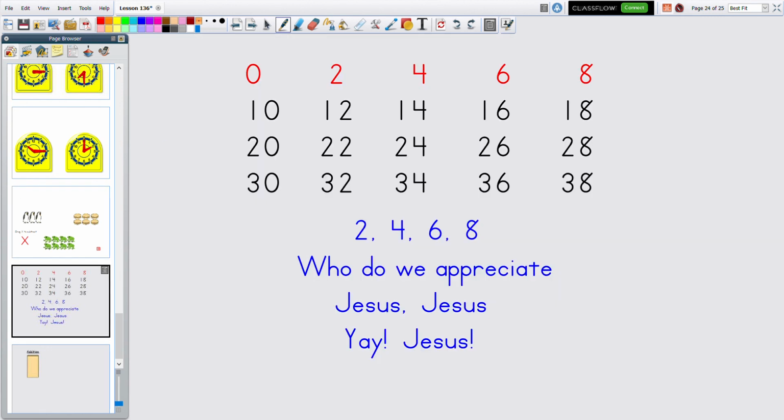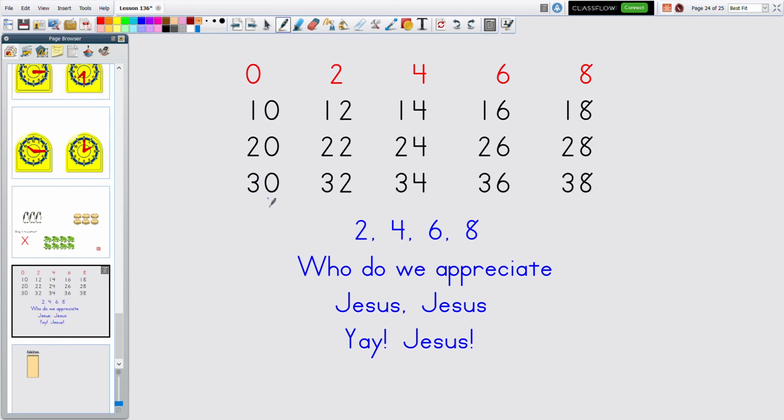Okay, so now we can go to the next one. This is very, very new. This is counting by 2s. We start at 0, but we don't have to say 0. 2, 4, 6, 8. You notice all of these have zeros. All of these end in 2s. All of these end in 4s. These are 6s and these are 8s.